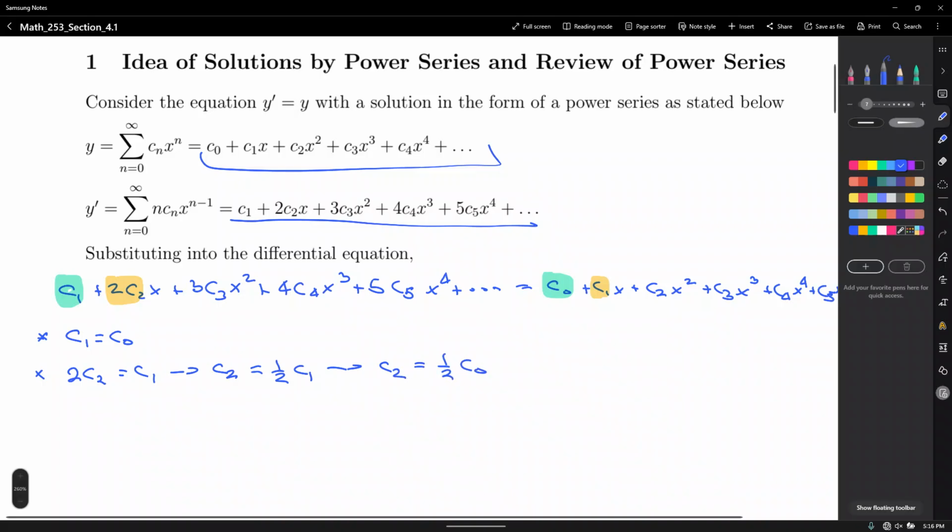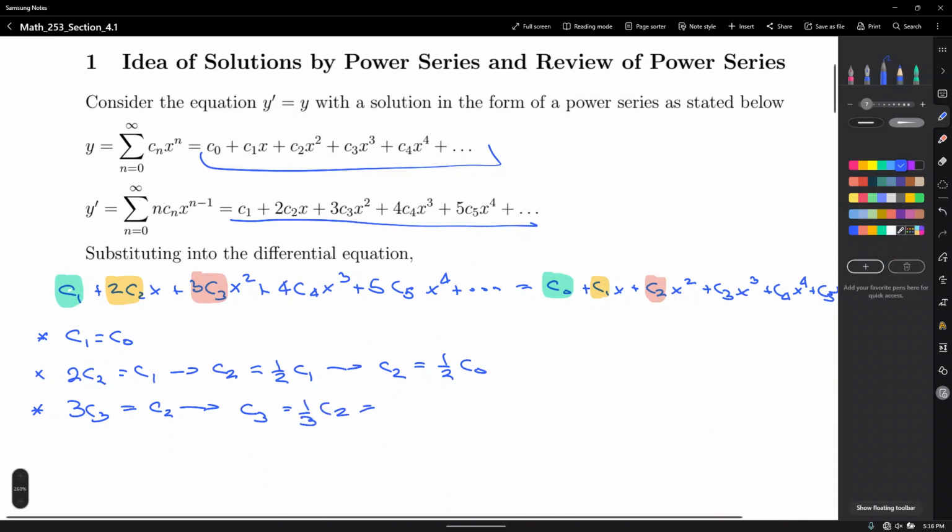So far so good, you guys. Following me here? We're just equating coefficients and writing everything in terms of C0. Let me do another equating of a coefficient. How about the coefficient of x squared equals the coefficient of x squared? So 3c3 equals c2, which implies c3 equals 1/3 c2.